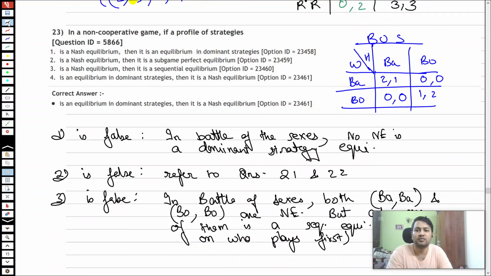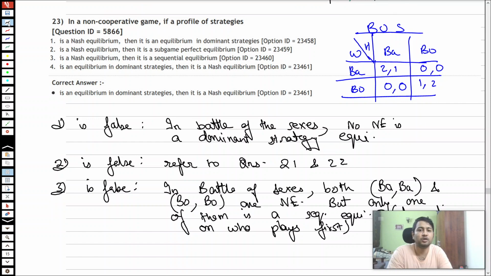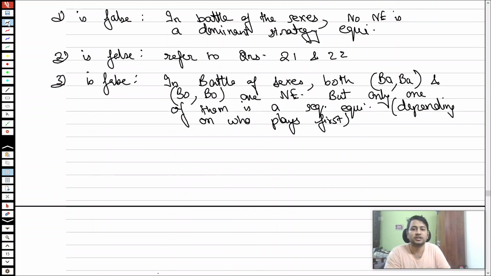Let's look at option number 4. In option number 4, if an equilibrium is an equilibrium in dominant strategies, then it is a Nash equilibrium. So the fourth is true. Here, if we are claiming something to be true, then we cannot give a counter example, so we have to give a proof.